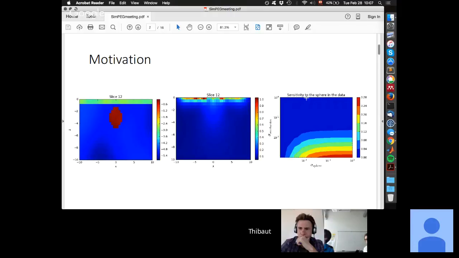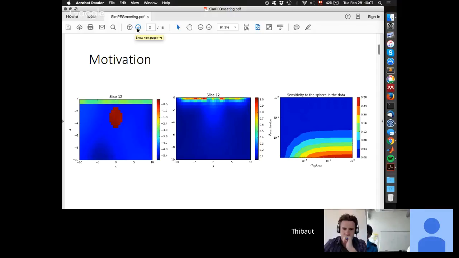Here I have the overburden conductivity, here I have the sphere conductivity, and I'm somewhere around here for my model. So I have a change of at least 10 to 15% of the data due to the sphere. So I detect it. The question is, can I retrieve it after that in the inversion? That's the motivation at the beginning of what I'm going to show you today.